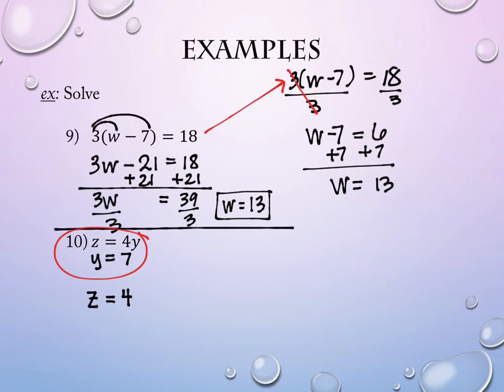You're going to evaluate in 7 for the y, like so. And then simplify anything you're able to simplify. On this one, of course, 4 times 7 is 28. So you're done, and you found that z equals 28 with the conditions that you were given.